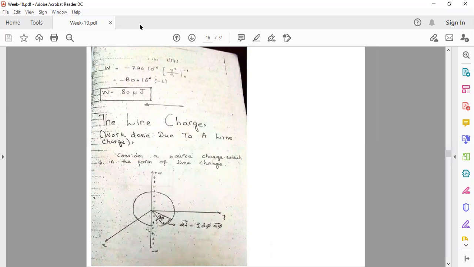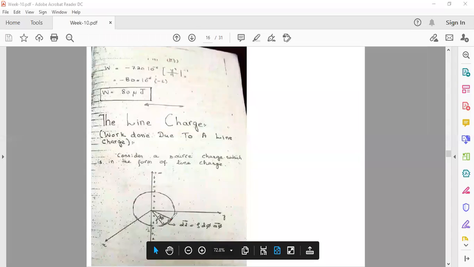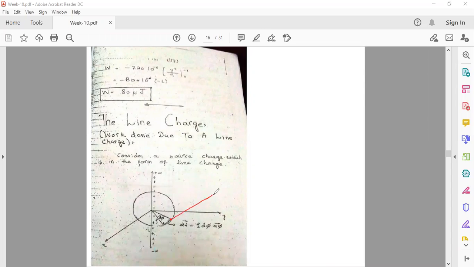in a circular path. For example, this is the initial point, and this is also the final point. In cylindrical coordinates, it is rho, phi, z. So it is, for example, 3, this is 30 degrees, and this is 10.